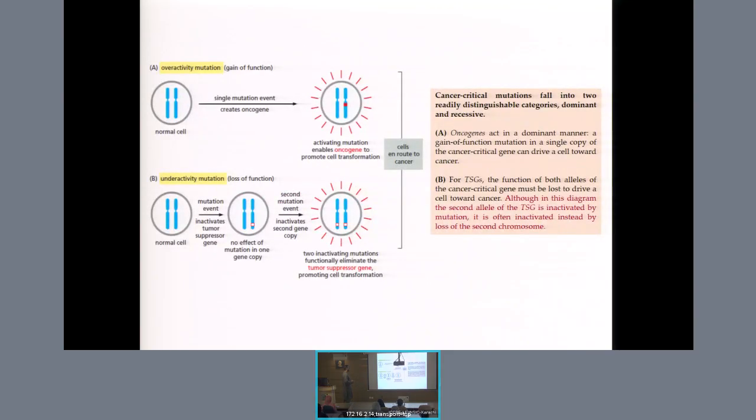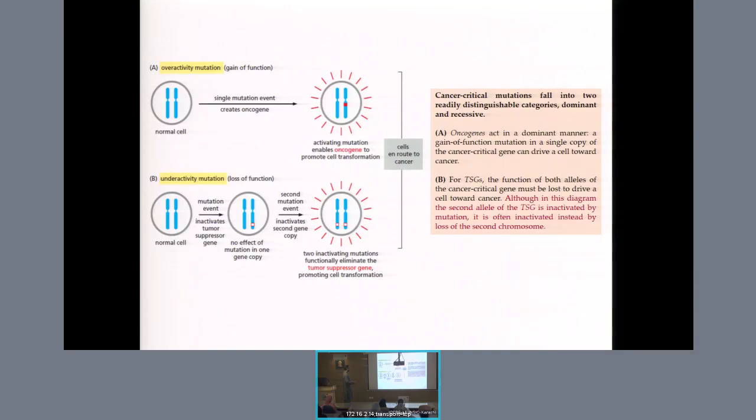So cancer critical mutations fall into two readily distinguishable categories, dominant or recessive. For oncogenes, it's dominant. For suppressor genes, it's recessive. So we have a normal cell here, because we have 2 copies of every chromosome. Single mutation event creates oncogene.